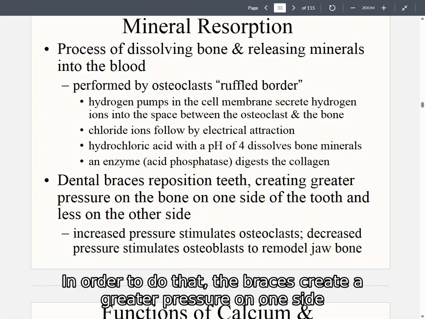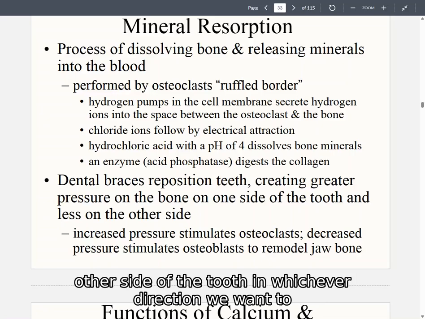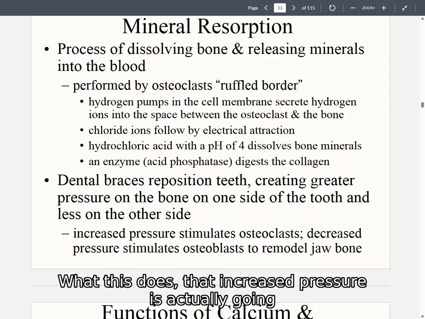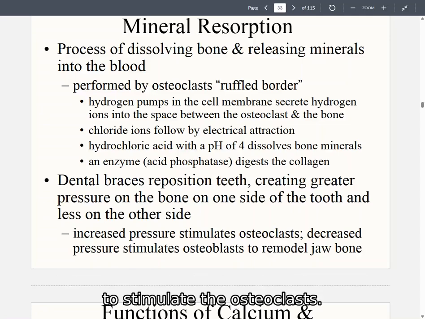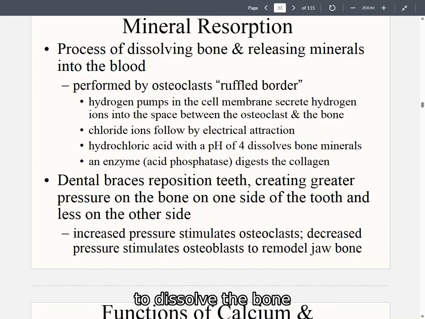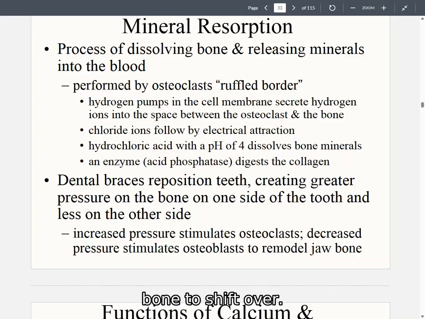In order to do that, the braces create a greater pressure on one side of the tooth versus the other side, in whichever direction we want to shift that particular tooth. What this increased pressure does is stimulate the osteoclasts. So it's going to stimulate the production of hydrochloric acid to dissolve the bone on that side of the tooth to relieve the pressure, causing the bone to shift over.